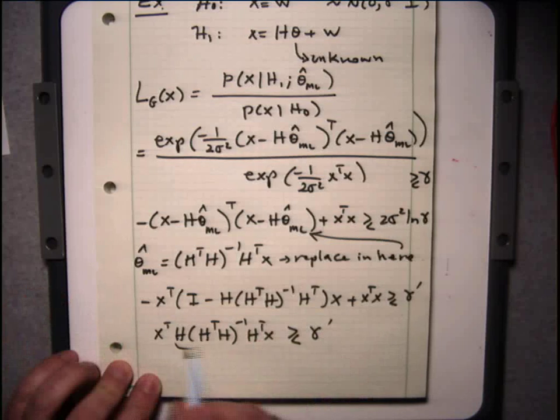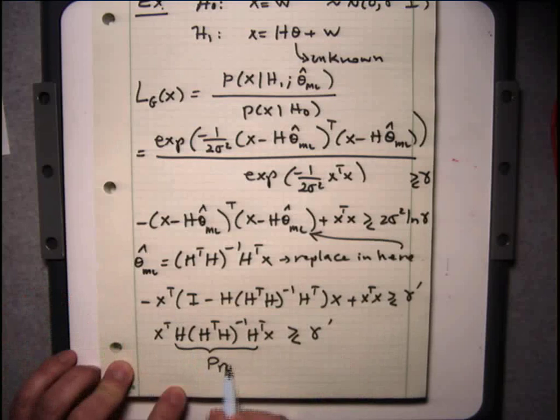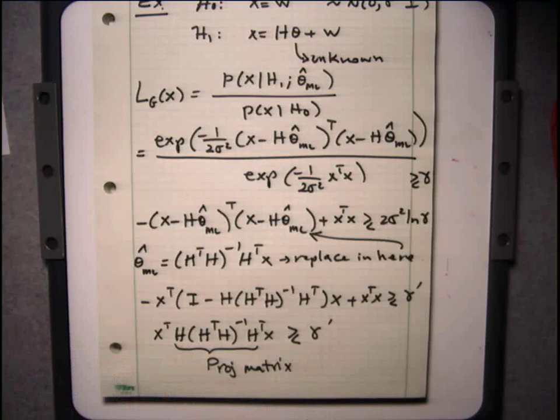Now, we've seen this many times now. This is a projection matrix. So what does this tell you? It tells you that the detector that you have is basically looking at X, projecting it onto the space spanned by the columns of H, and then looking at the magnitude.